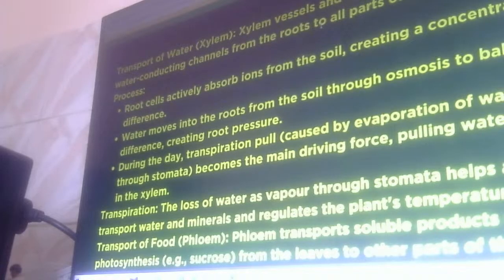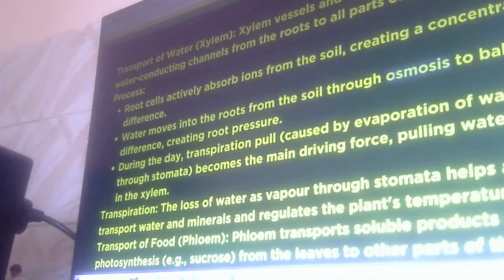To make up this difference, water is taken in from the soil into the channel. In this manner, with the uptake of ions and water, a channel of H2O is created. As a result, this water column moves upwards through the xylem and reaches various parts of the plant. This is known as root pressure, one of the methods of making water reach different parts of the plant.